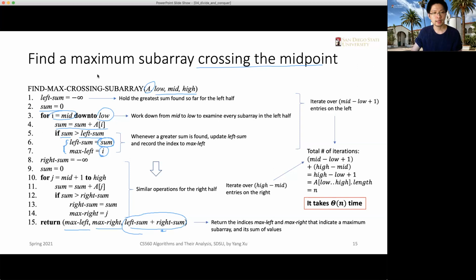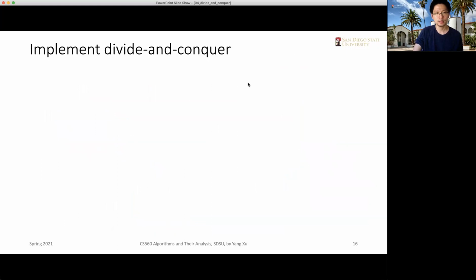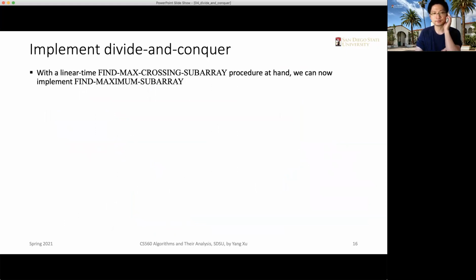So that is the find max crossing subarray procedure, which solves the third case after we have divided the original input. Now let's look at the other cases and try to combine the solutions. Now let's look at the divide and conquer, the complete solution. We are going to implement something called find maximum subarray, using the previous procedure we have defined.